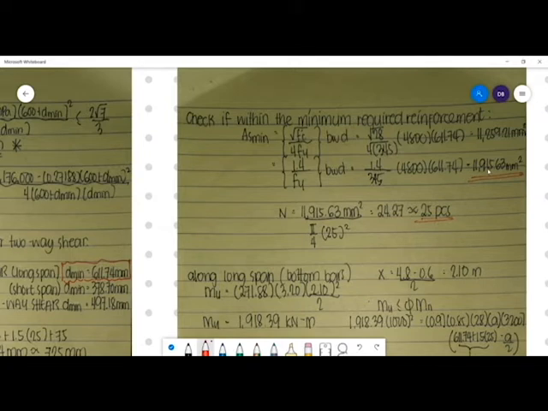So along the short direction, we have 25 pieces of bars, if we divide your total area by the area of one bar.